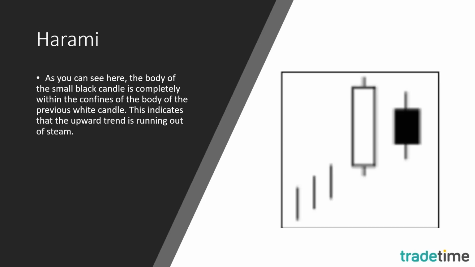So remember, not just the body, but the arms and the legs, the everything, the wicks and the candles must all be within the body of the previous candle. Here's the body, and all this must be contained within that previous body.